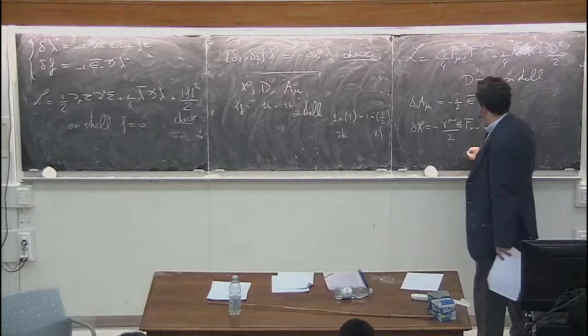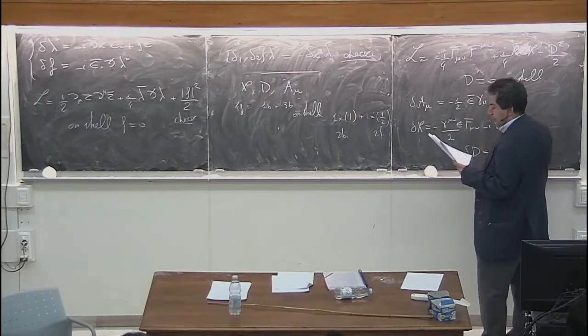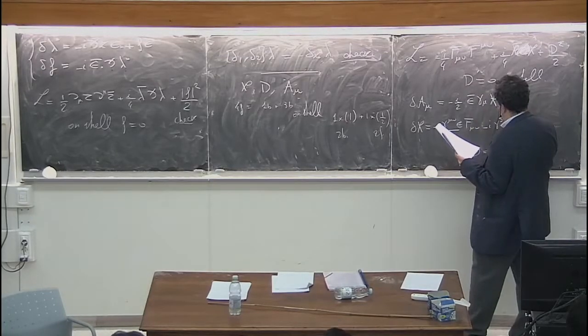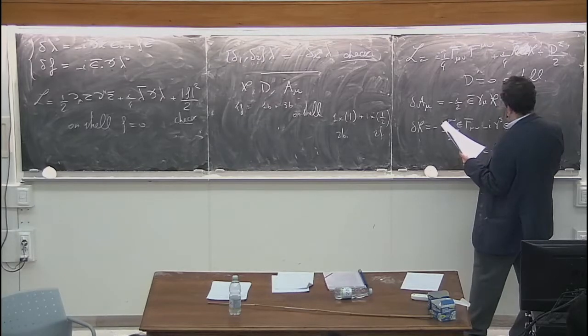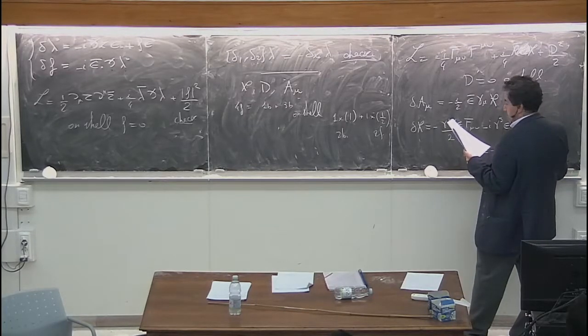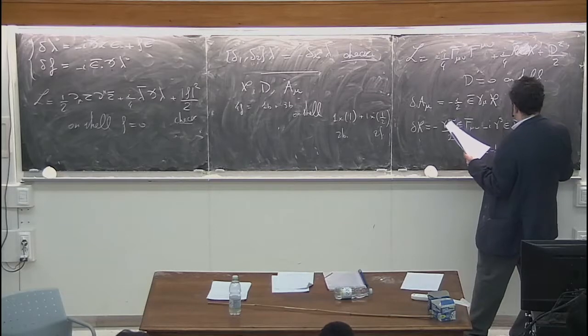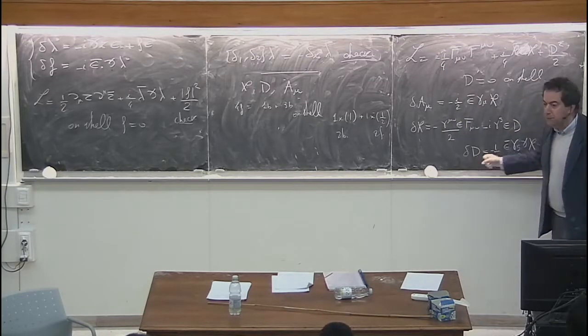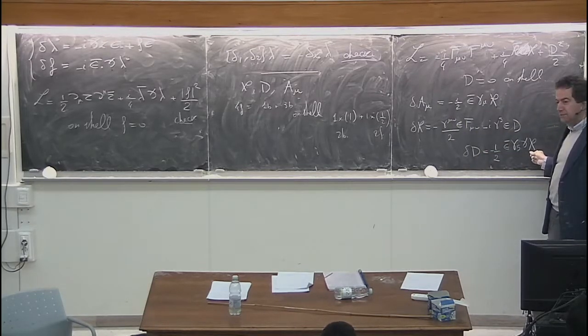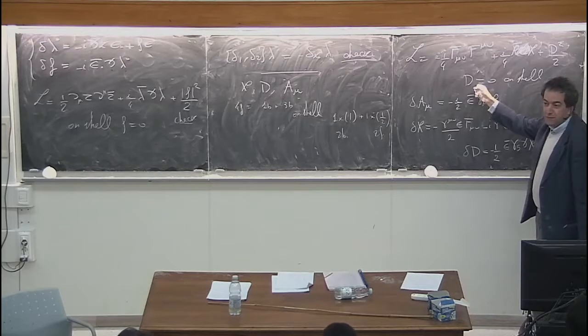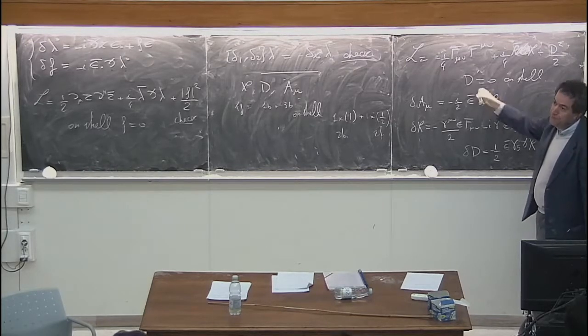Then we have delta D, which is equal to minus 1/2 epsilon bar gamma 5 D slash chi. And you see the variation of this is proportional to the equation of motion of the fermion, just as before. So that on shell, D is equal to 0, but consistently also its supersymmetry variation.